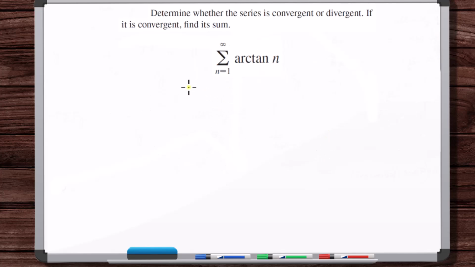All right, so we've got this arc tangent of n. That's the sequence formula. So let's just go ahead and see if that sequence converges or diverges.